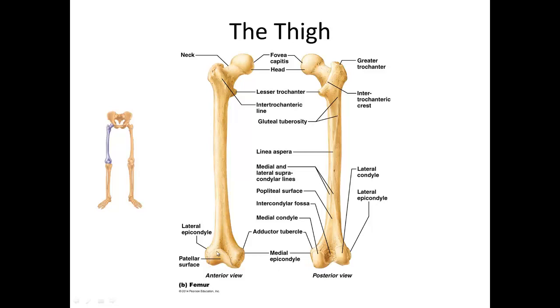So in the anterior view, the articular surface is relatively continuous across the width of the front of the bone, whereas if you look at the posterior view, the articular surfaces are either on the medial aspect or the lateral aspect. And there's a huge concavity or fossa between the two, the intercondylar fossa.